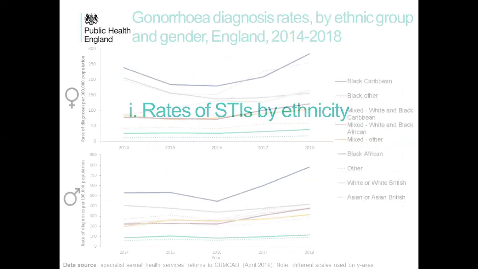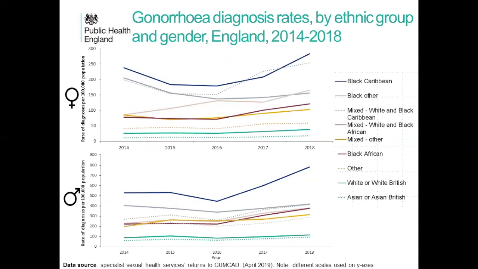Now moving to the BAME population specifically, and the rates for STIs broken down by ethnicity as the first part. I'm going to use again gonorrhea diagnosis rate as an example.